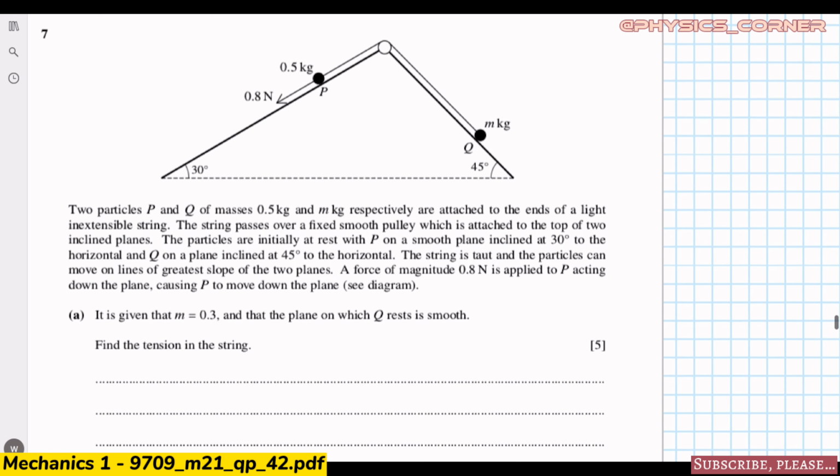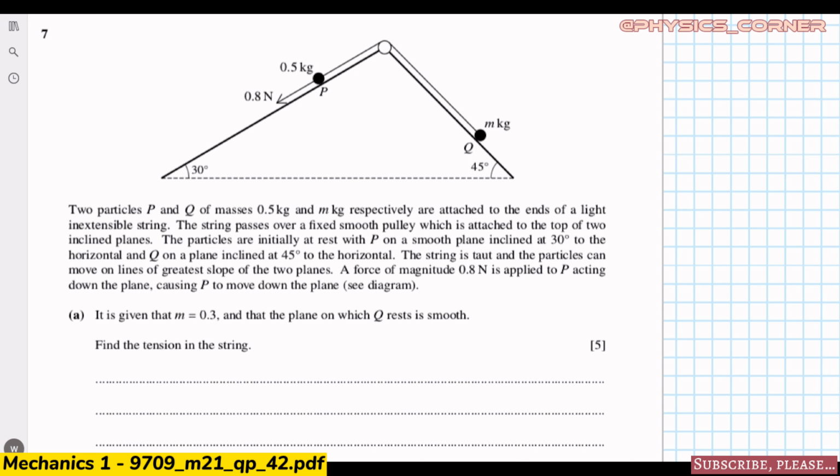Okay, the last one is question 7. Two particles P and Q of masses 0.5 kilograms and m kilograms, respectively, are attached to the ends of a light inextensible string. The string passes over a fixed smooth pulley attached to the top of two inclined planes.